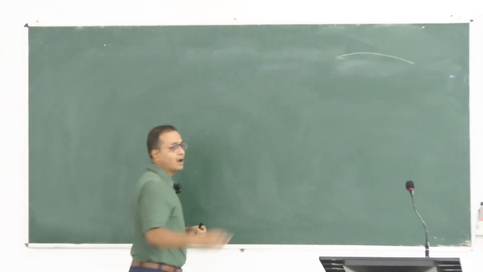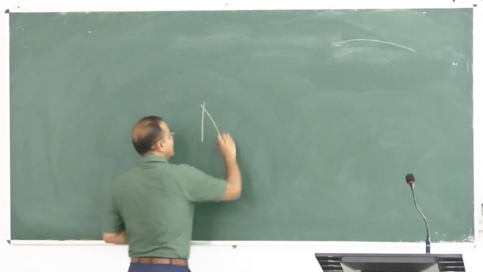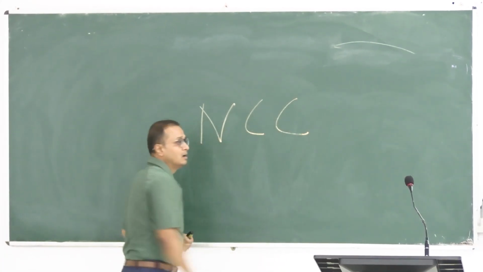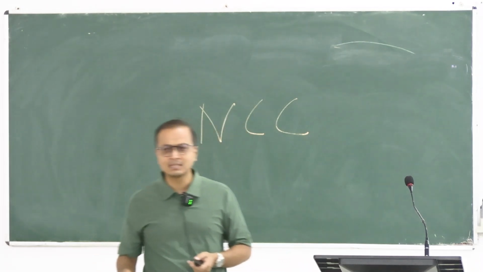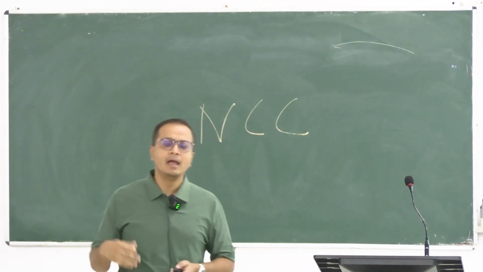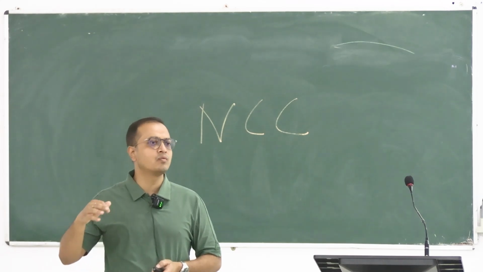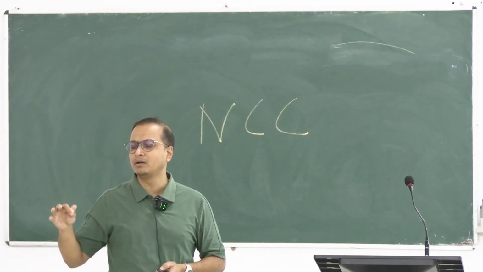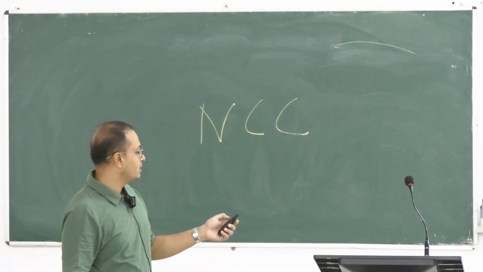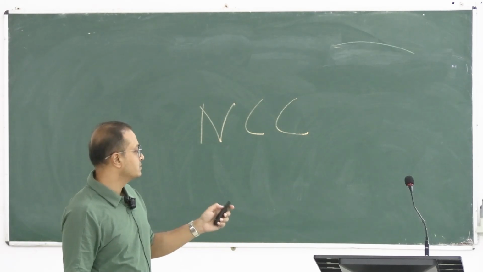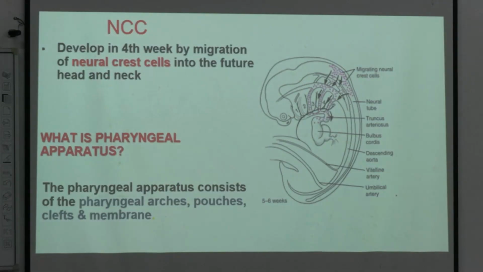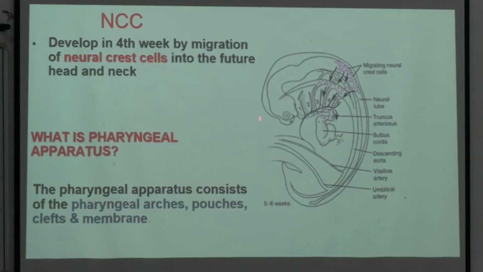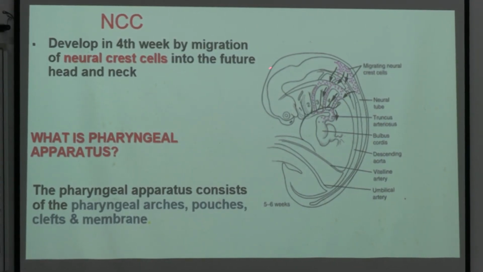We have a special kind of cell that we call the NCC, the neural crest cell. Now what is a neural crest cell? It's a kind of modified ectodermal cell related to the neural tissues, the brain tissues. These come from the developing neural tube and migrate like this.